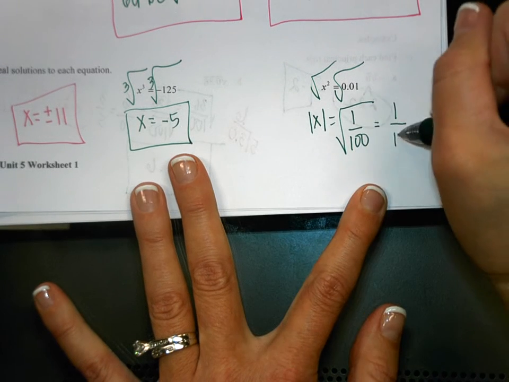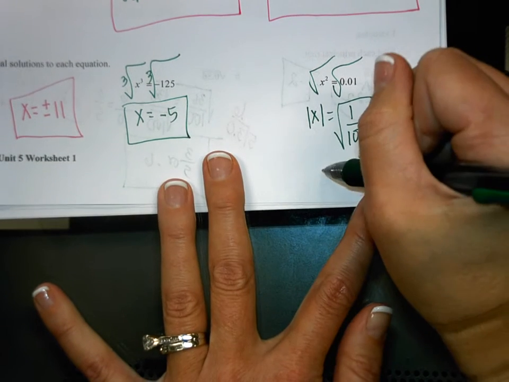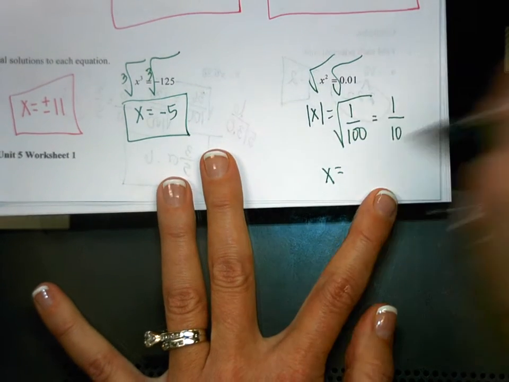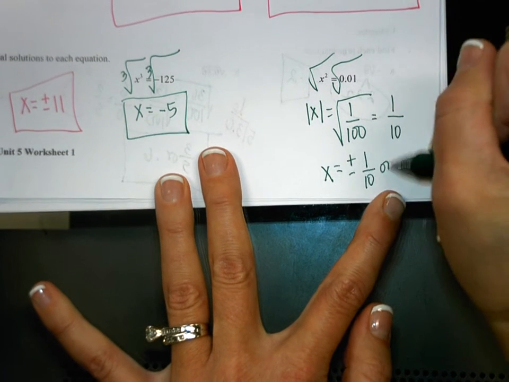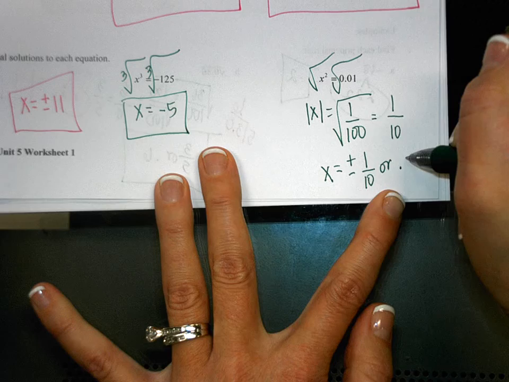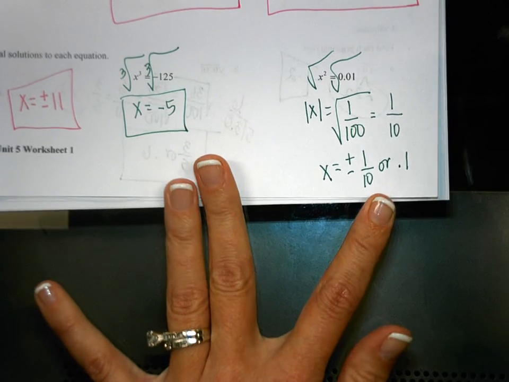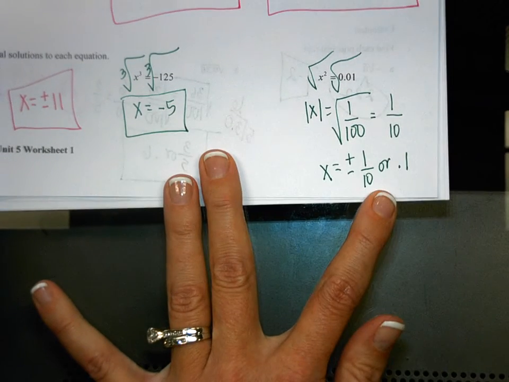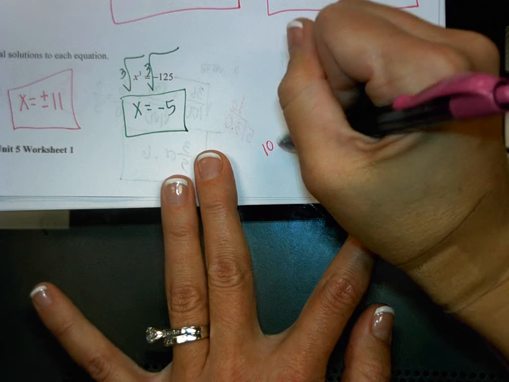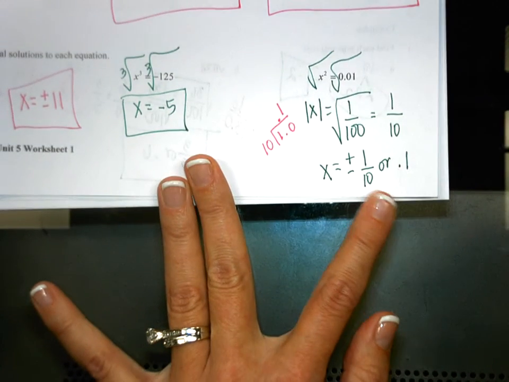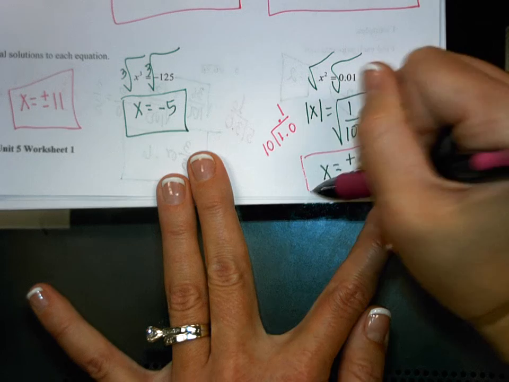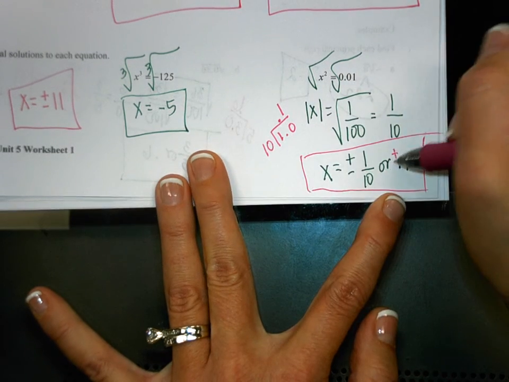And so the answer is actually going to end up being what? X equals plus or minus 1/10 or 0.1. And again, if you forget how I got to that decimal, we're dividing 10 goes into 1, you add a decimal and a 0, and it goes in exactly 0.1 times. Oh. I'm done with that. Any questions?